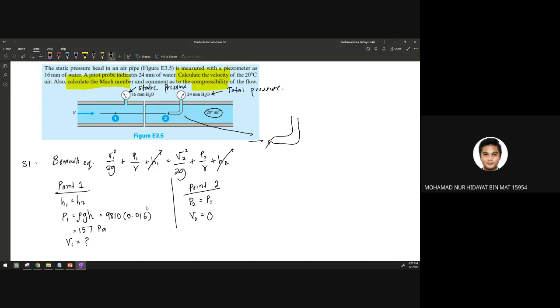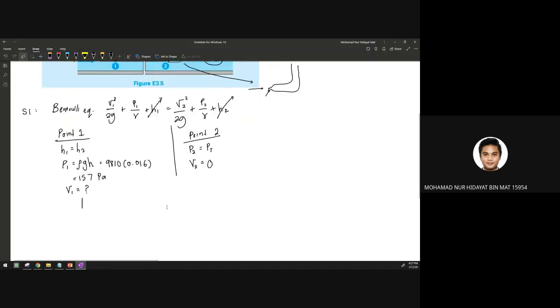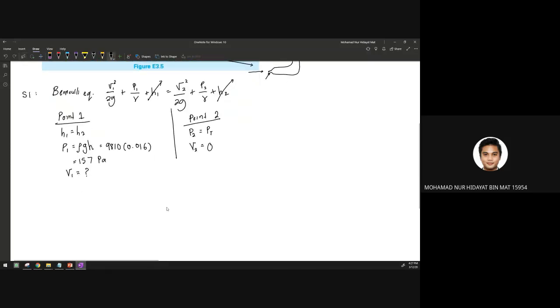Okay, so we try to rearrange the equation. Step number 2 is to rearrange the Bernoulli equation: velocity 1 squared over 2g plus pressure 1 over gamma equals, this velocity cancels out to 0, only P_T is left.